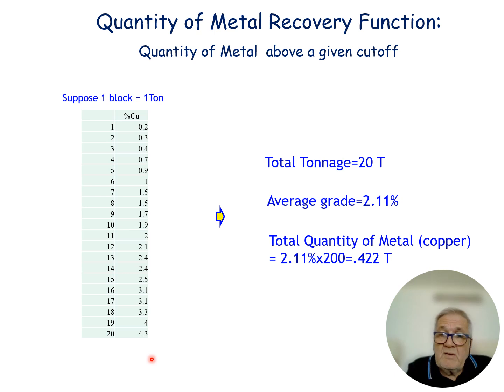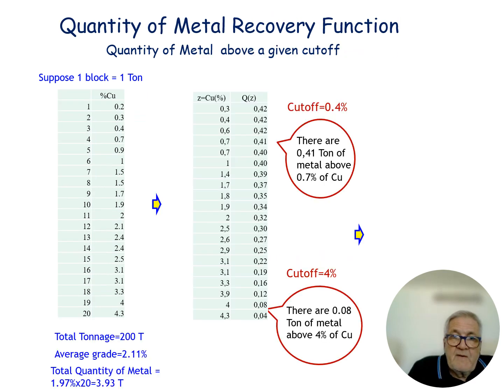So the total quantity of metal, I mean the copper contained in those 20 blocks, is about 0.4 tons, or 422 kilos. That's the concept of quantity of metal. Okay, so we can represent the quantity of metal the same way we did with the tonnage.